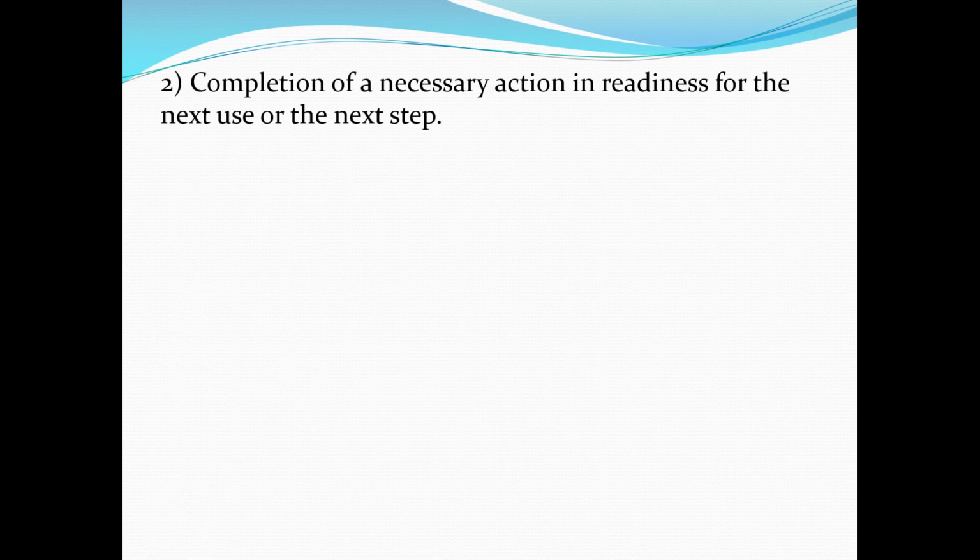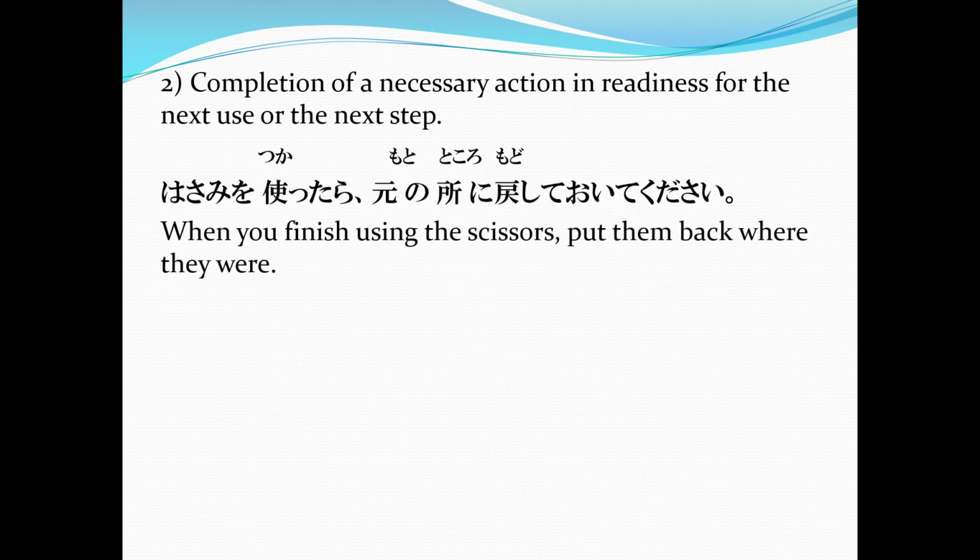Now, another use of verb te form okimasu is a completion of a necessary action in readiness for the next use or next step. Example, Hasami o tsukattara moto no tokoro ni modoshite oite kudasai.